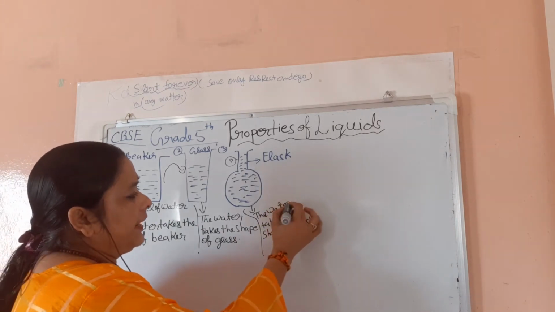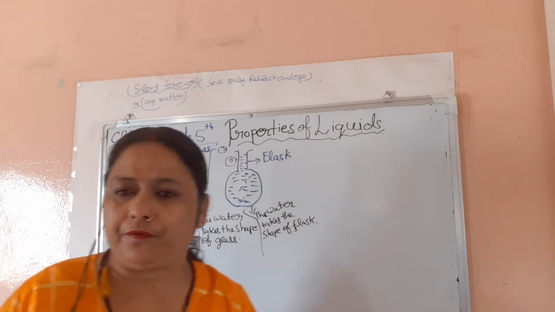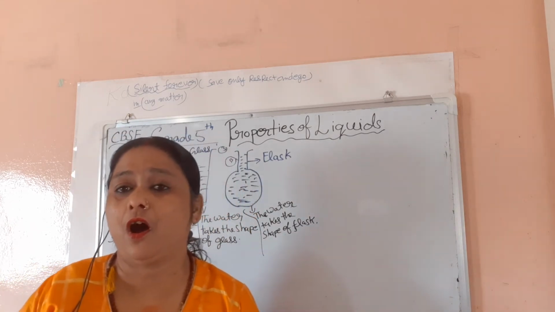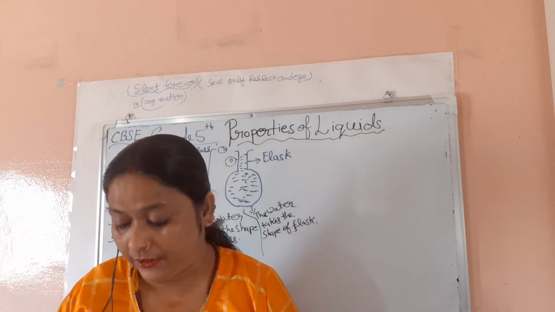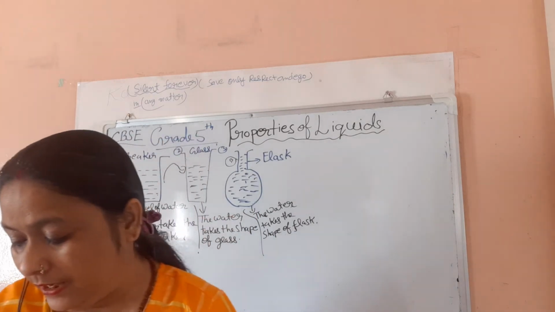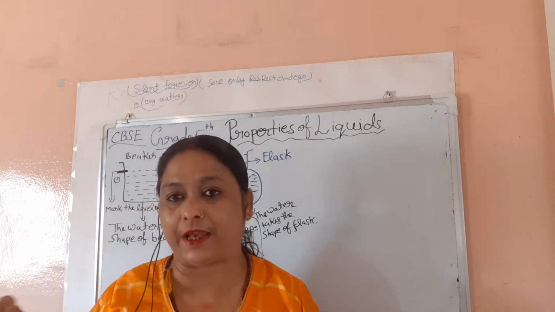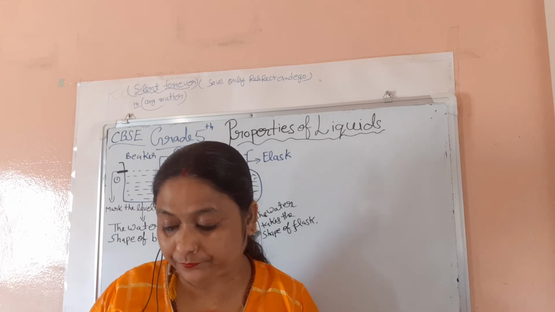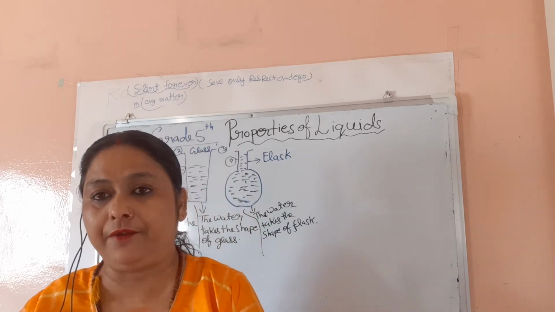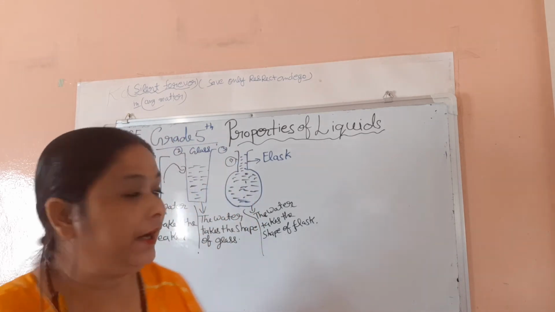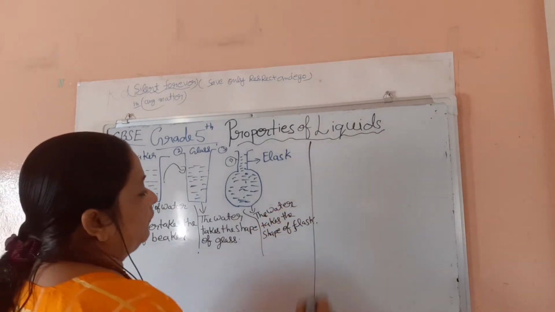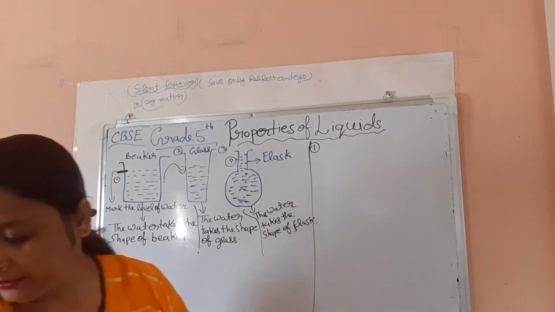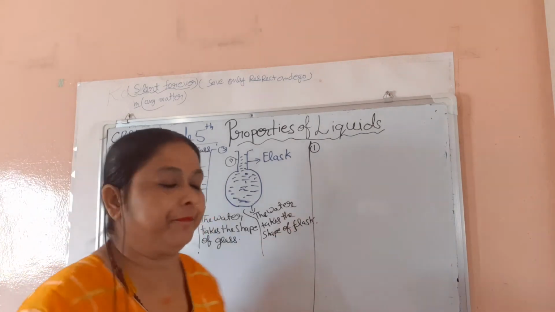So we can say that the shape changes in liquid or water. The first property is that a liquid has no fixed shape of its own. It takes the shape of the container in which it is put.